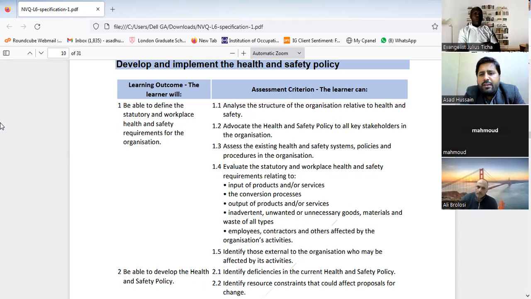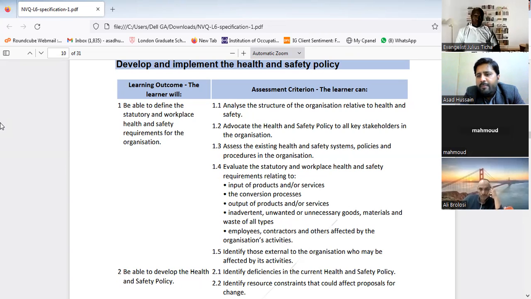Teacher, in 1.2, I told you that you can use evidence like minutes of meetings, training sessions, inductions, and toolbox talks. But when you are assessing the existing health and safety system, policy and procedure, you don't have to produce any evidence, because you are using some indicators.